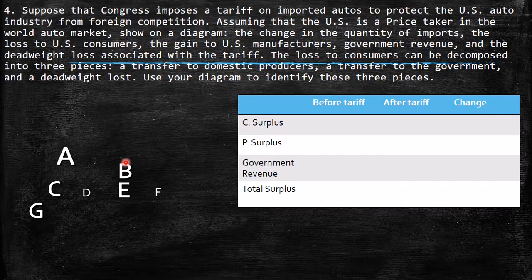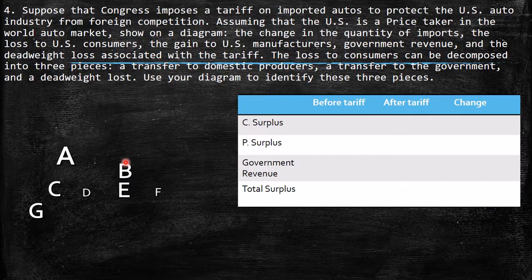But there's going to be some problem, because every time there is a tax, there is an associated deadweight loss. So we need to figure out the loss to consumers, which can be decomposed into 3 pieces: a transfer to domestic producers, a transfer to the government, and a deadweight loss.